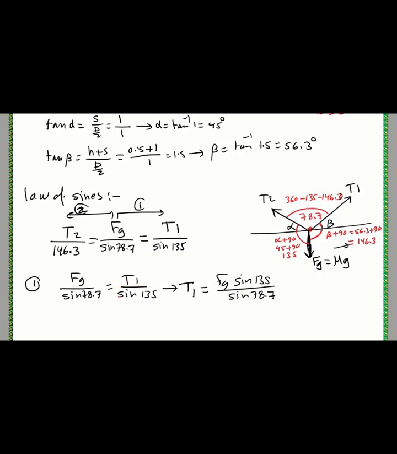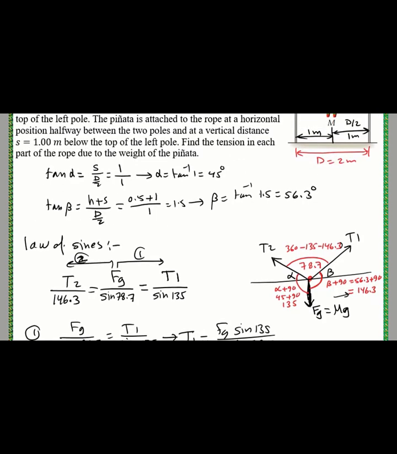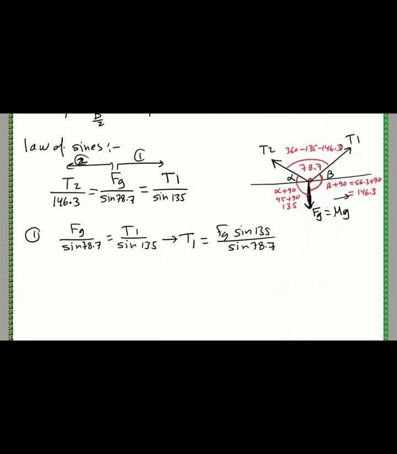Now, how much is Fg? The mass is 8. Fg equals m times g, 8 times 9.8, which is 78.4.